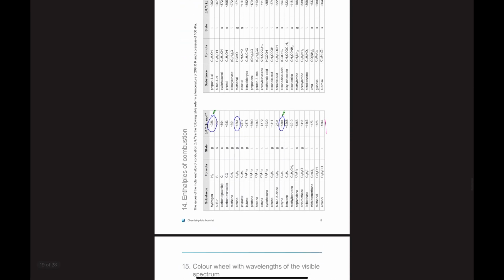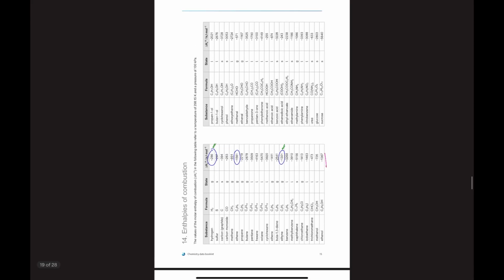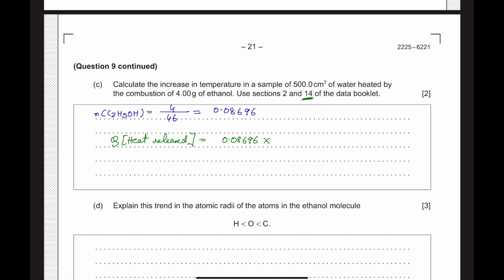Section 14 gives you the enthalpy of combustion. For ethanol, the enthalpy of combustion is minus 1367. If you multiply them, you'll get 118.87 kilojoules.